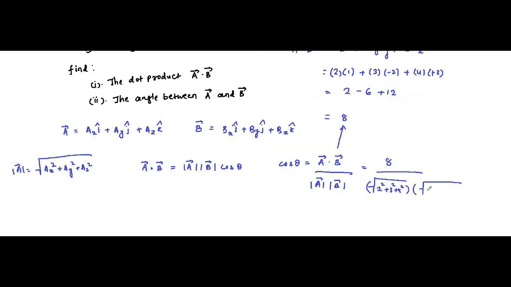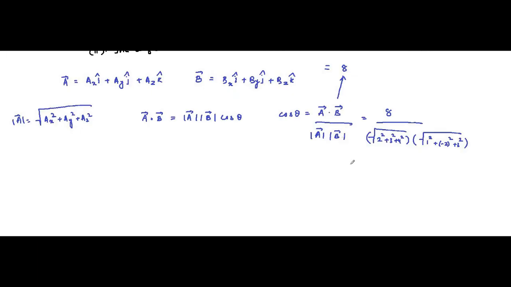So here it will be 1 square plus minus 2 square plus 3 square. So it will be equal to 8 by root over of this is 4 plus 9, 13, then 16, which is 29. So root over of 29 multiplied with this is root over of 1 plus 4, 5, and plus 9, 14, root over of 14.